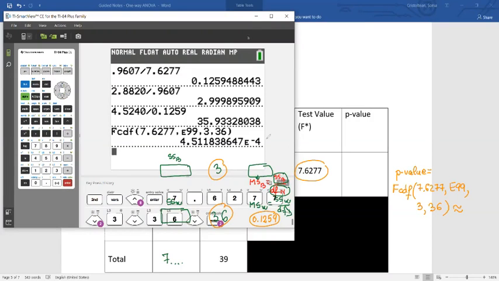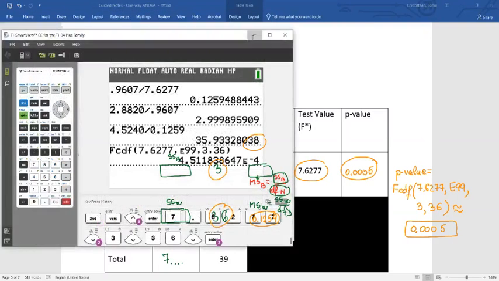You can see it's E-4 here, so round it to the first non-zero digit, it will be 0.123, and round it to 5. This will be the p-value, and I'll just put it down here. So this is how you come up with values in an ANOVA summary table.